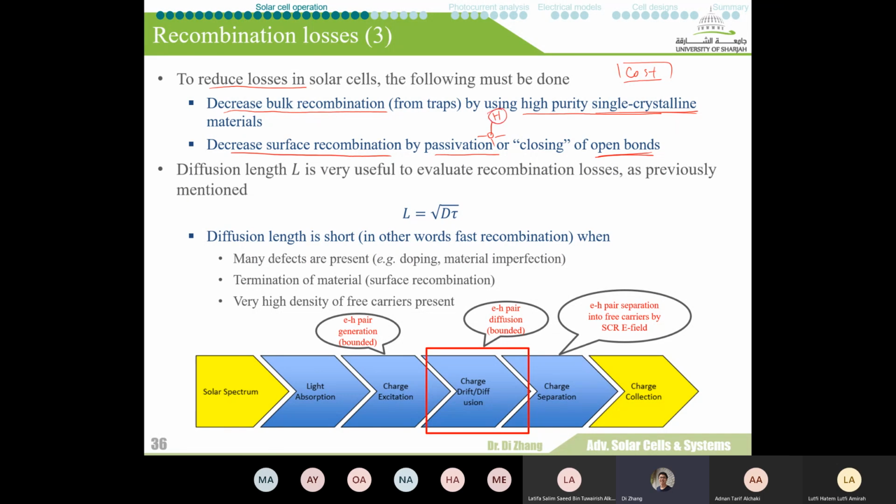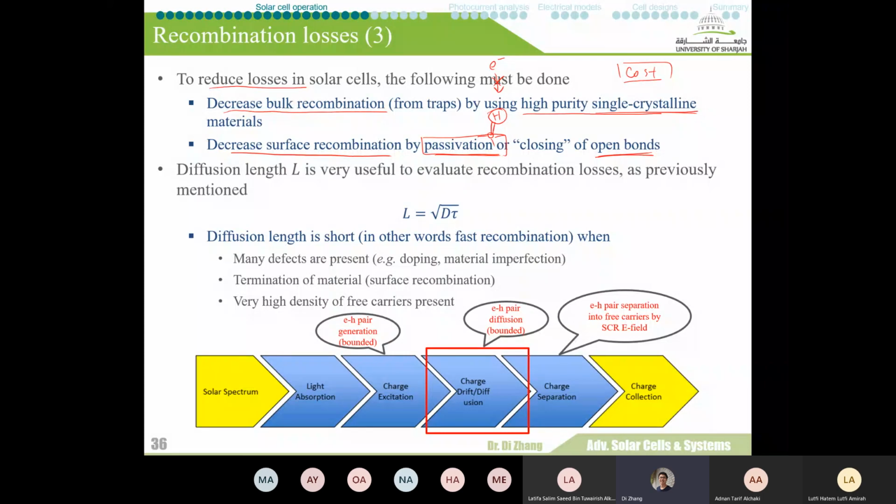For instance, we can use hydrogen to attach to the open bonds. In this way, these bonds will no longer be attracting electrons. We will talk about passivation later in our chapter. This is one of the other approaches that we can use to decrease the surface recombination.